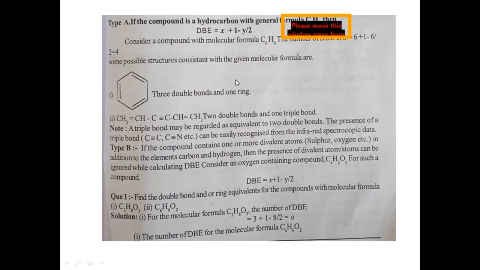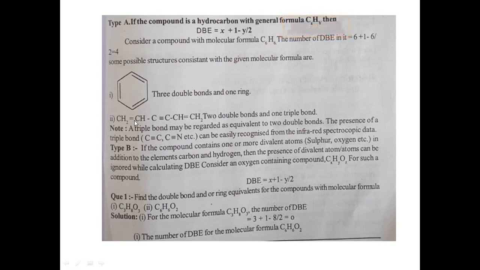C6H6 is benzene. Alternatively, you may think of a formula like CH2 double bond CH and so on, with 2 double bonds and 1 triple bond.